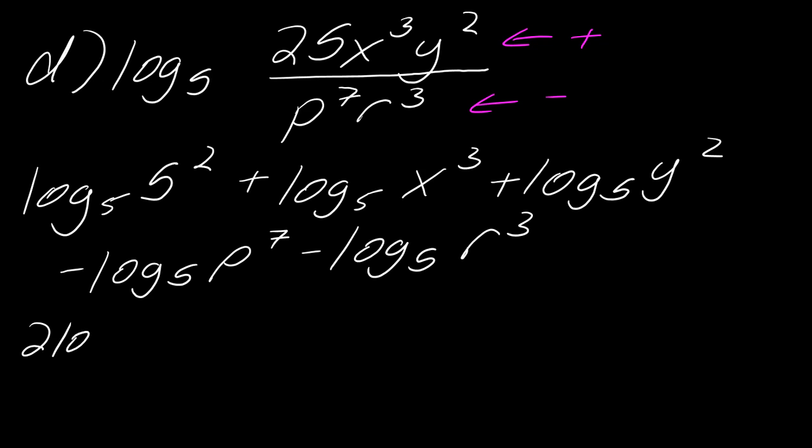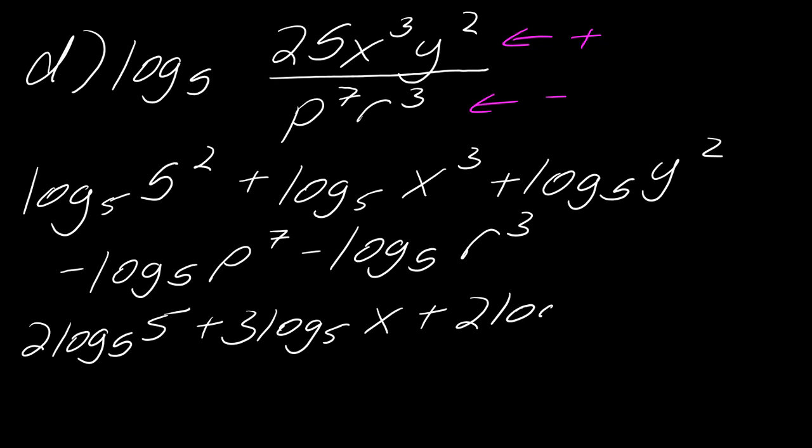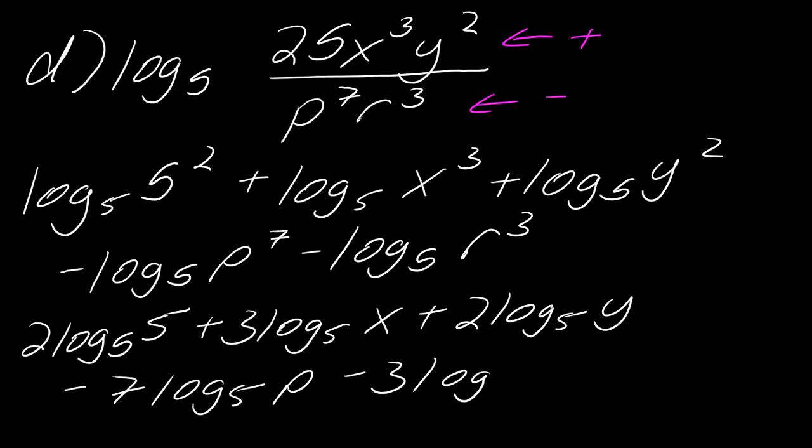So this becomes 2 log base 5 of 5 plus 3 log base 5 of x plus 2 log base 5 of y minus 7 log base 5 of p minus 3 log base 5 of r.